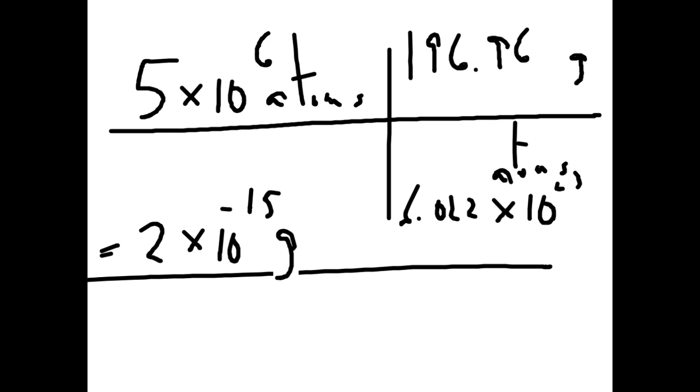Did you or did you not get it? Did not get it. Okay. Michael, do it again for me, please, and do it in steps. This times that, and that whole thing divided by that. Okay, 2 times 10 to the, that's the one.